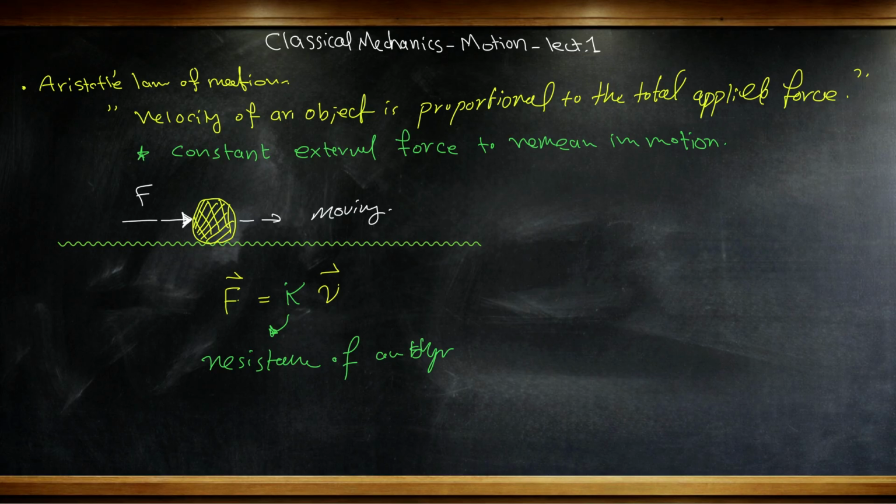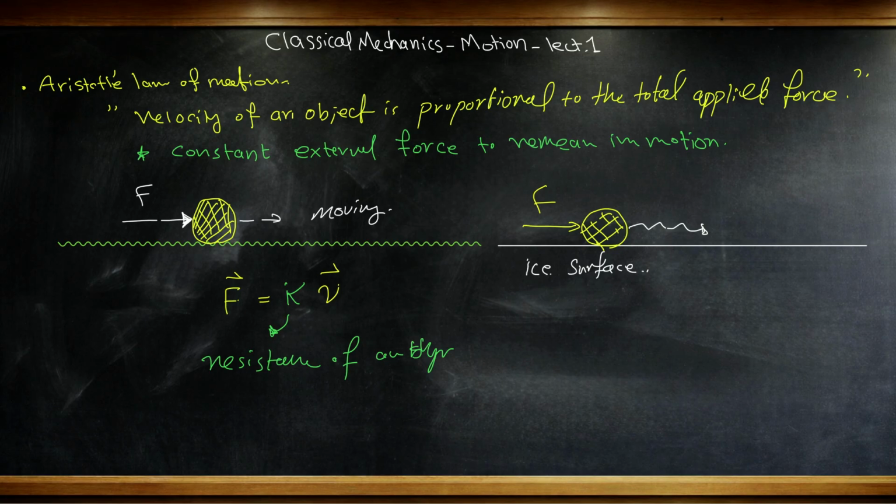If you apply the same experiment on an ice surface, then with the same body, once you apply force here, you will notice that the body will keep moving without the need of a constant external force to remain in motion. Actually, you will notice it's hard to stop the object from moving if you do the same experiment on an ice surface.